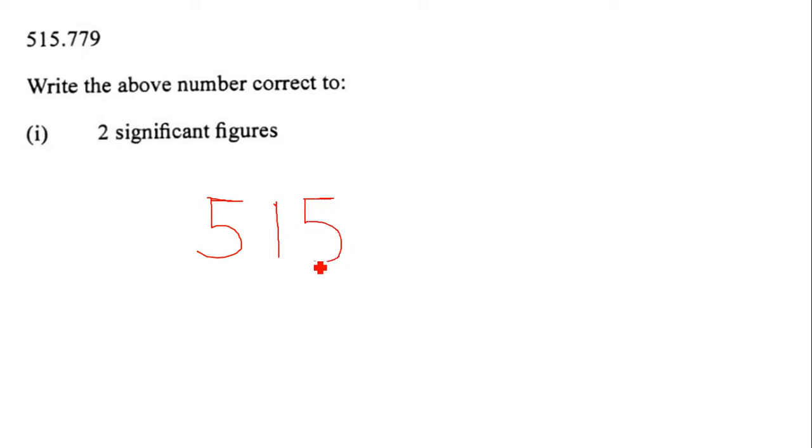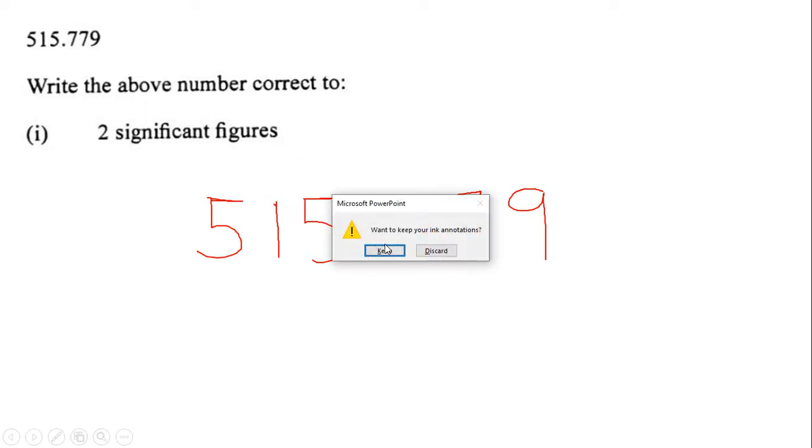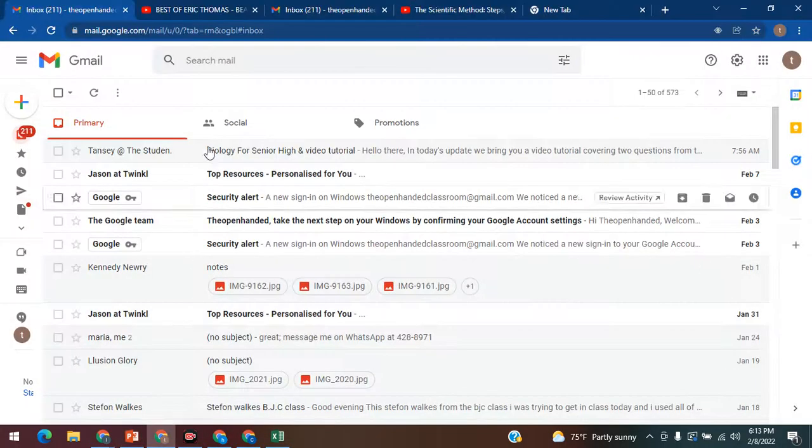How many significant figures do we have here? Usually when it comes to an exam, they ask it when it comes to rounding. 6. Why? Because all of them are non-zero. So this is an easy one. This has 6 significant figures.